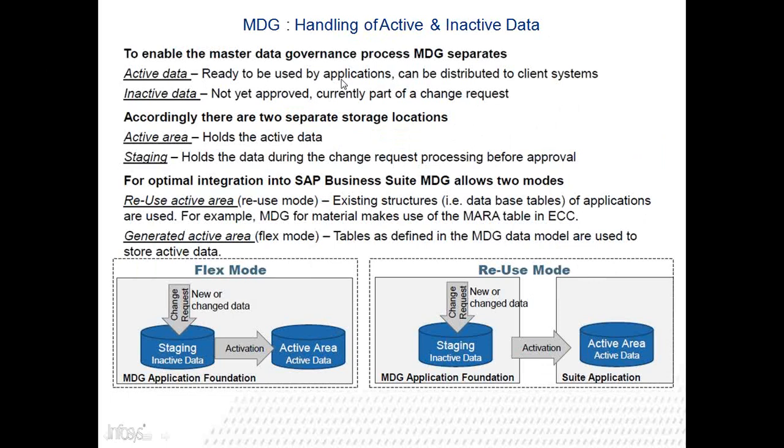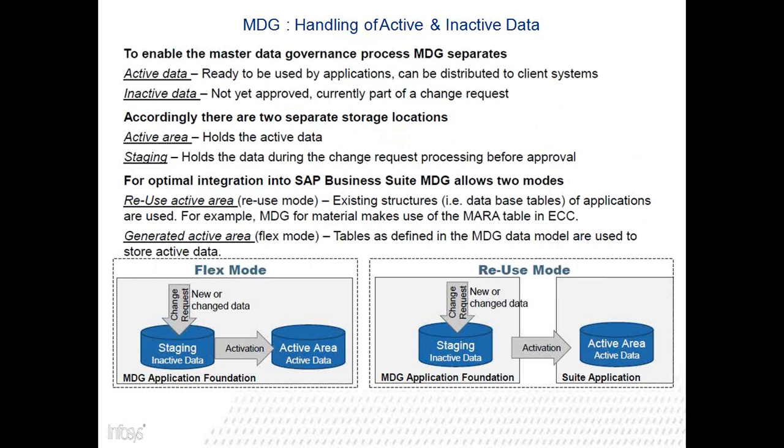After approval, the record gets activated, and that can be used in any transactions, for example when you are raising a sales order. If you want to pick up a material, you must have an active material; otherwise you cannot use it in your transactional data. What exactly does inactive data mean?